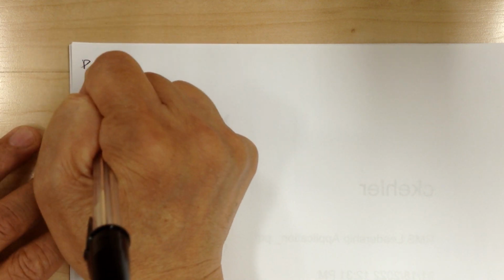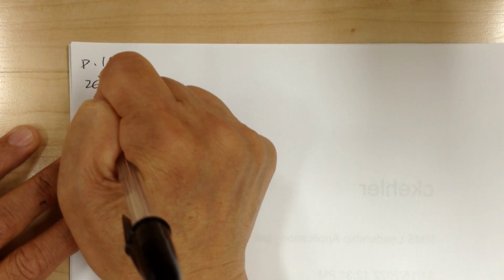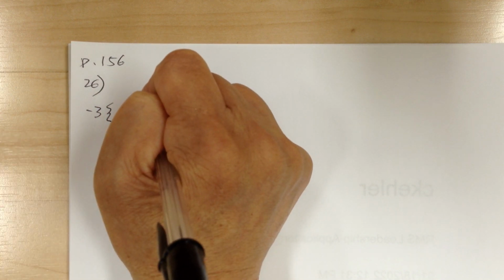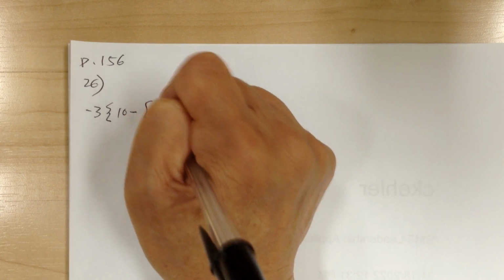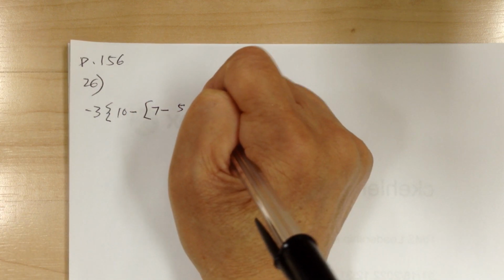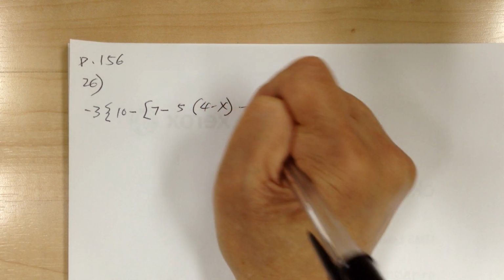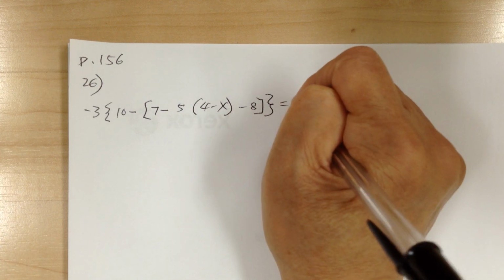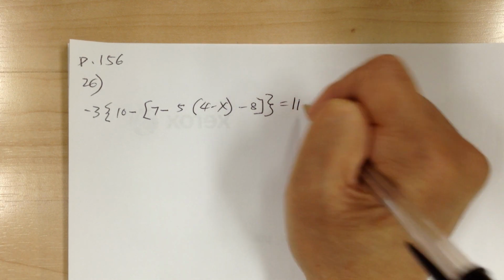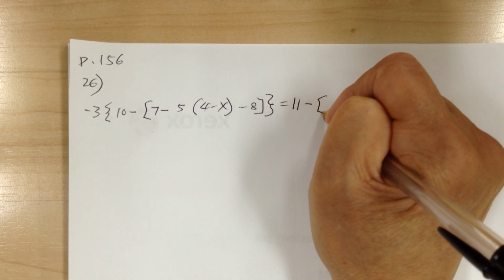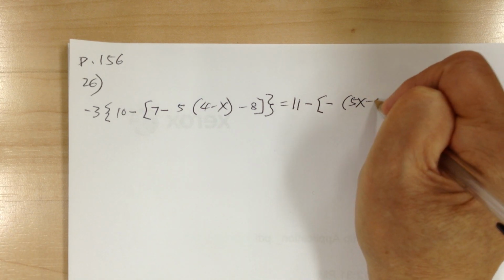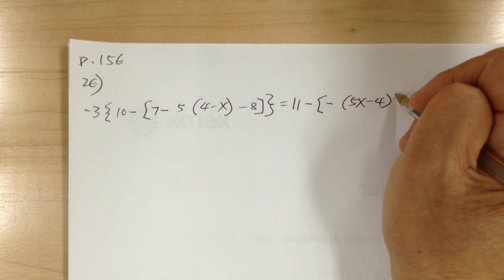Okay, number 26. So we have negative 3 braces 10 minus bracket 7 minus 5 parentheses 4 minus x minus 8 bracket braces equal to 11 minus bracket minus parentheses 5x minus 4 parentheses bracket.